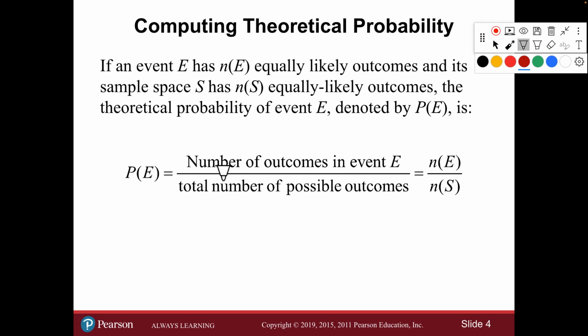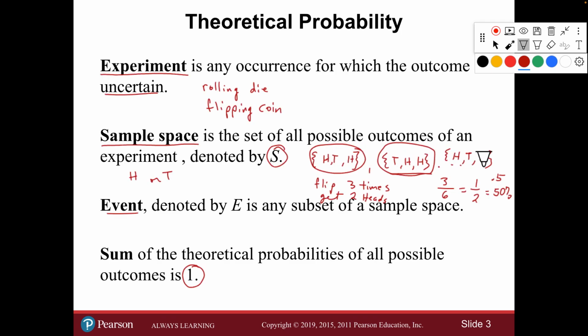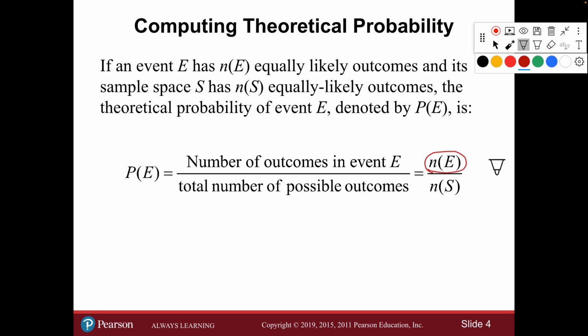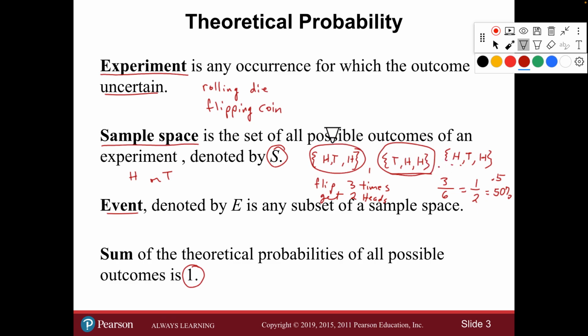Again, what we're seeing here, all this is saying, is to calculate a probability, we just need a fraction. We need to count how many events are in the sample space that match what we're doing. Again, thinking back to the last one, getting 2 heads when we flip a coin 3 times, we would say, well, the number of those events was 3. The number in the sample space, again, we didn't list it all, but we could go ahead. You could get heads, heads, heads, right? That's a possibility, 3 heads. You could get tails, tails, tails. That's another possibility.